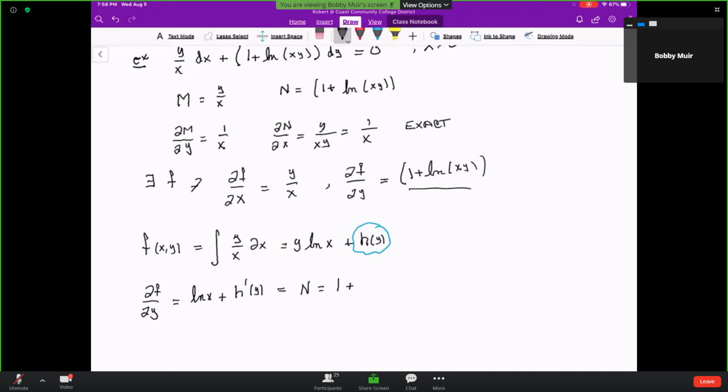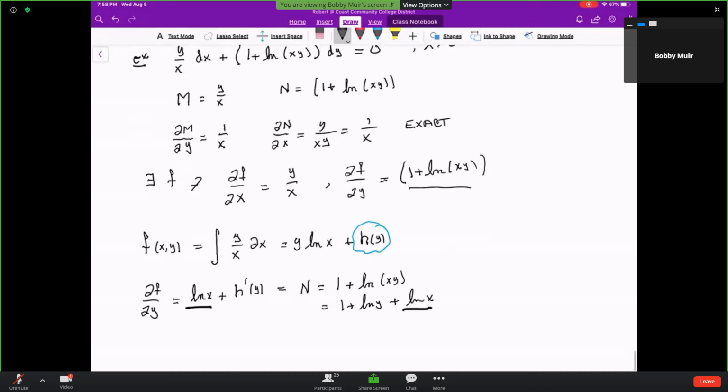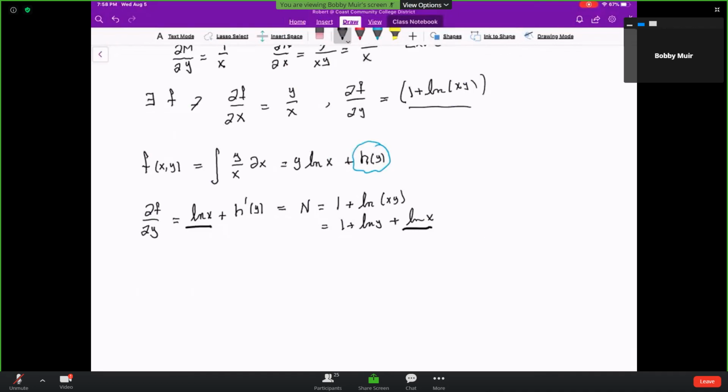Now notice that n has been sneakily written like this, but it's really this. From our logarithm rules. Okay, so these two things cancel out. And so just as advertised, we have something in just y.